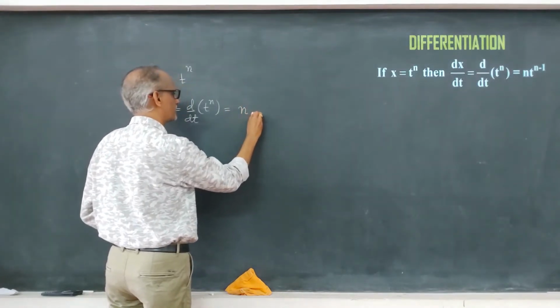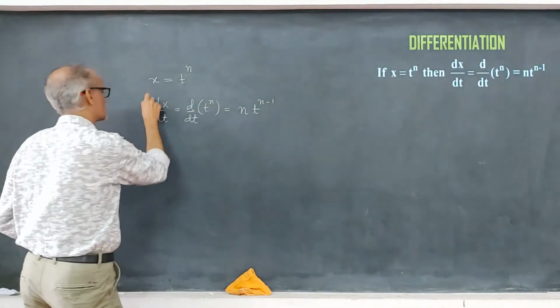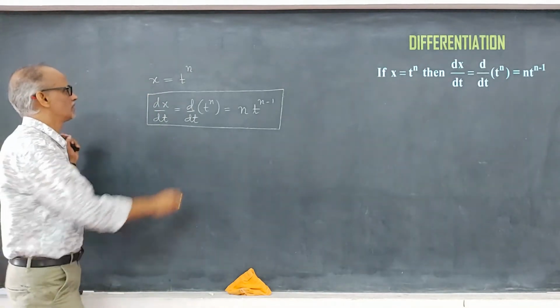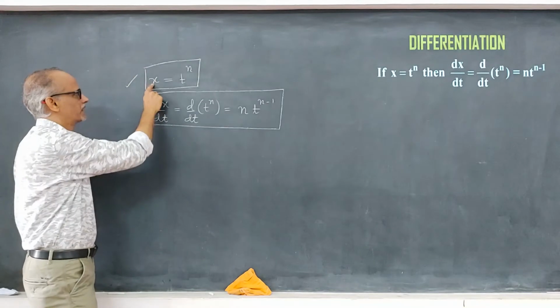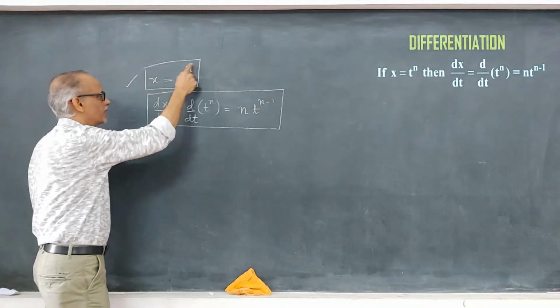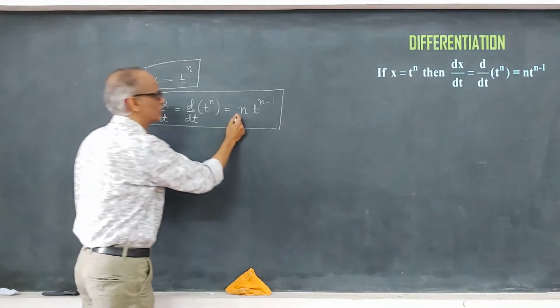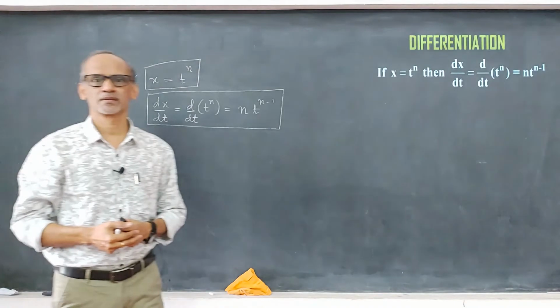It is n into t to the power n minus 1. So, this is a very basic important formula. Are you clear with that? So, when x is equal to t to the power n, keep in mind, differentiation of x with respect to t will give you the formula n into t to the power n minus 1.